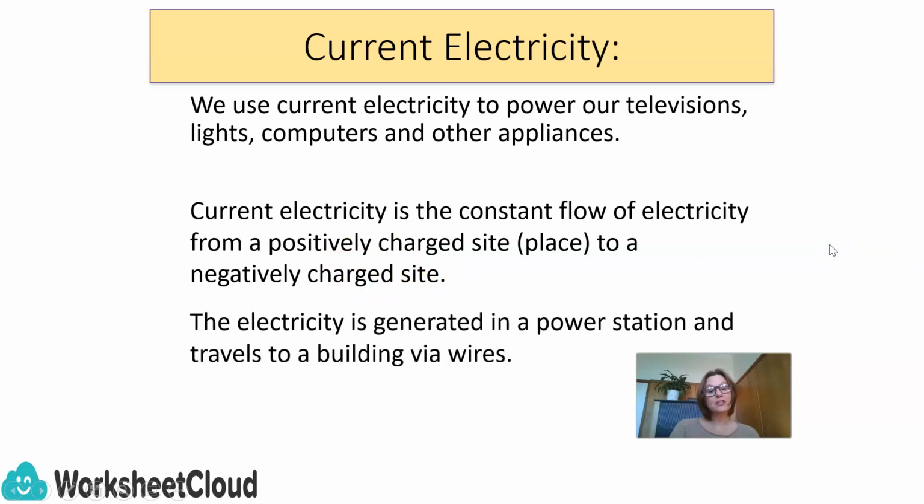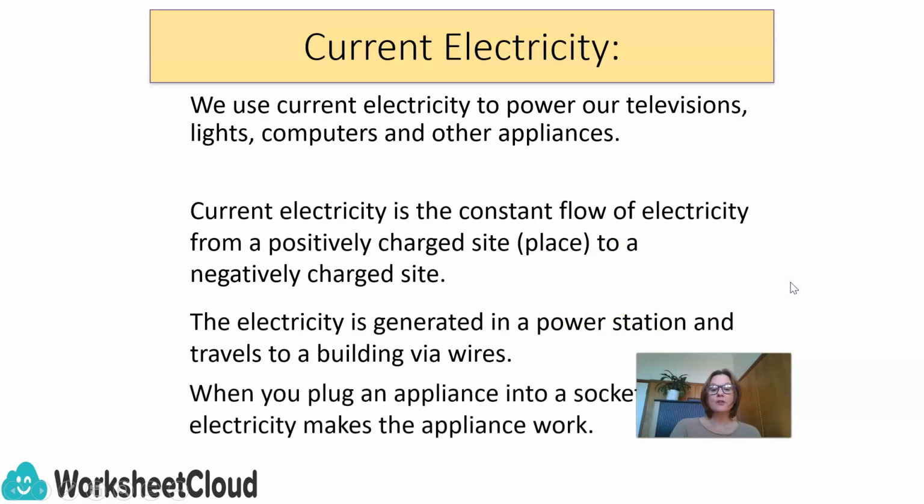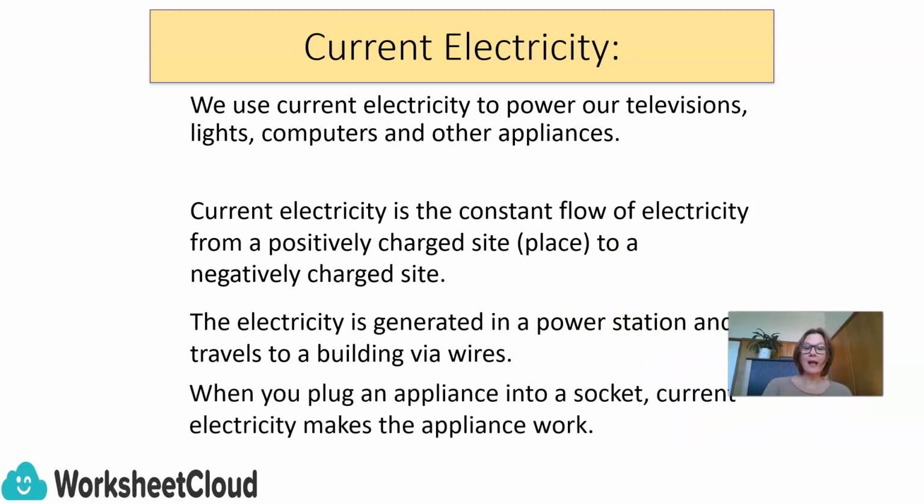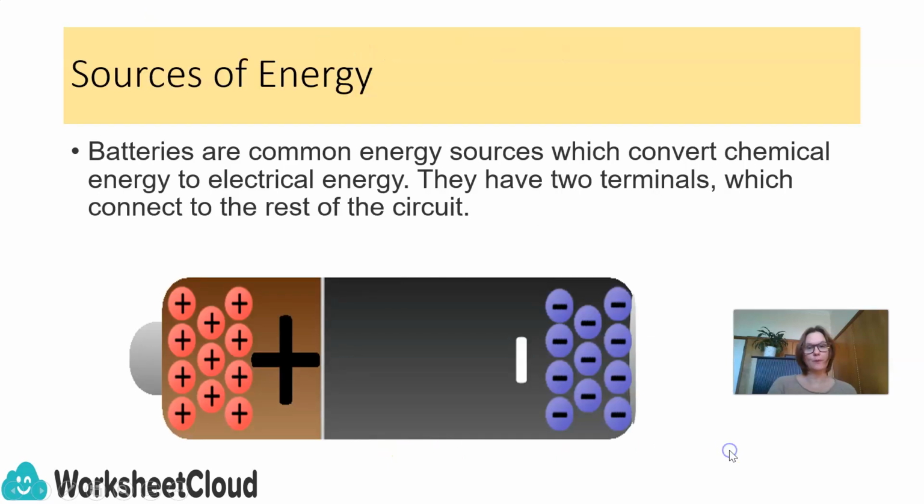The electricity is generated in a power station and travels to a building via wires. And we will be looking at mains electricity in a lot more detail in a couple of lessons. So when you plug an appliance into a socket in the wall, current electricity makes the appliance work.